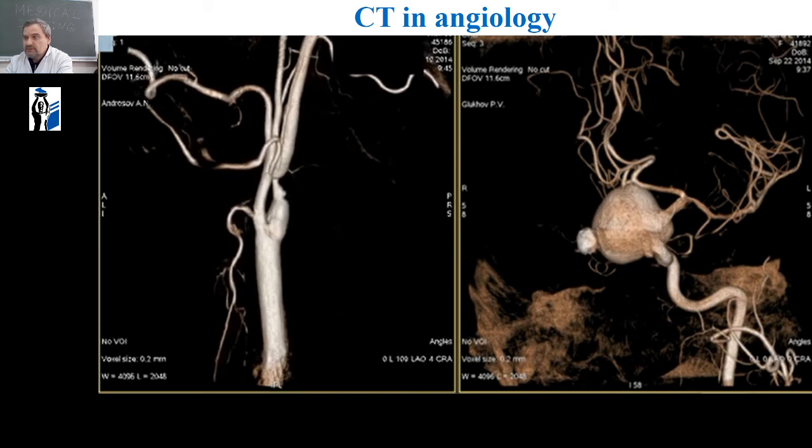When diagnosing pneumonia and strokes, three-dimensional reconstructions are not needed, and in this series, three-dimensional reconstruction allows the angiosurgeon to orient himself in the state of the vascular bed and make the right decision about operative access and how to solve this problem.